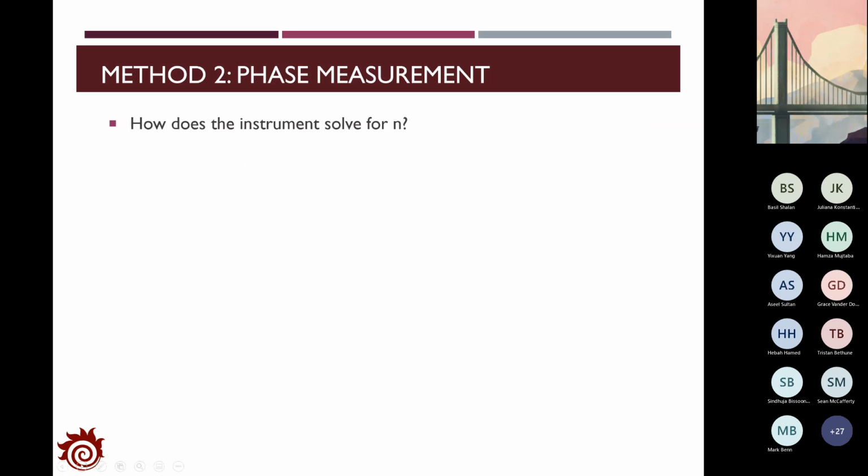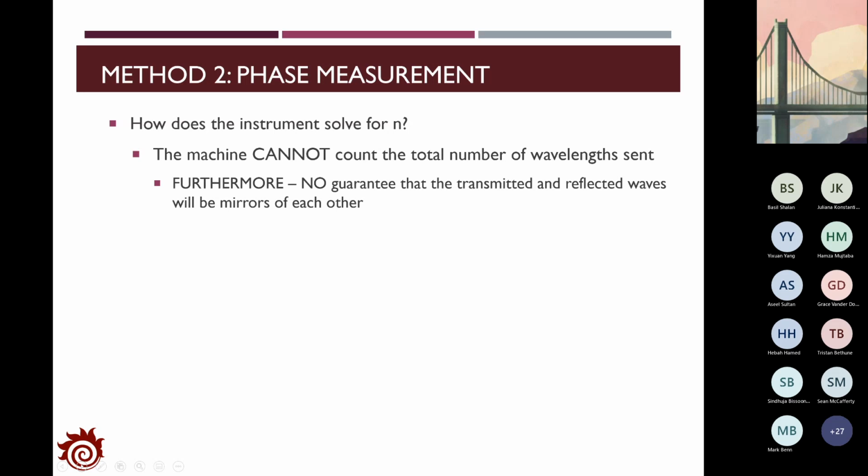But in reality, the machine cannot count how many total waves are sent. So we don't know the value of n, the number of the waves, and we cannot guarantee that the transmitted and reflected waves are exact mirrors of each other.